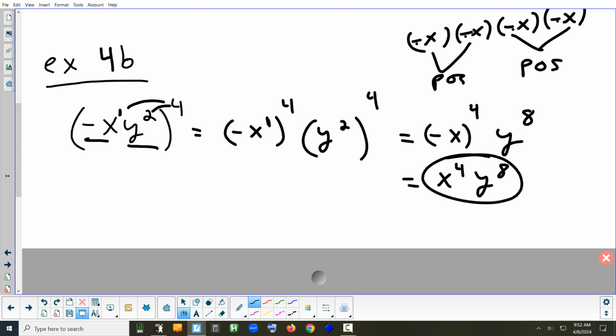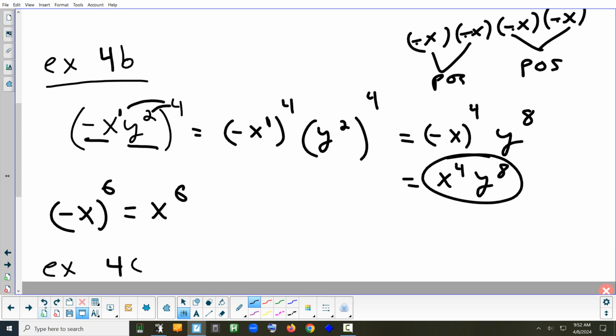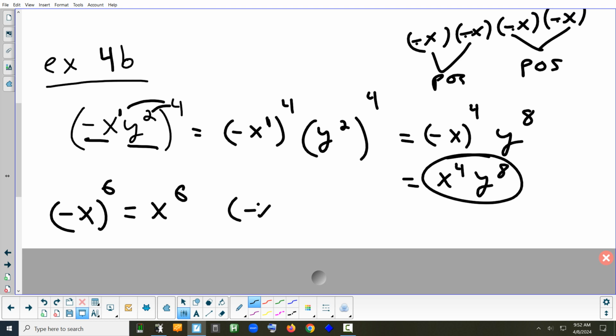So we're not going to do example 4C, but can someone tell me, would the negative disappear on that one, or would it stay? It would disappear. How about this one? Would it disappear or would it stay? That one, it would stay. So, yeah, there's nothing you could do with this one.